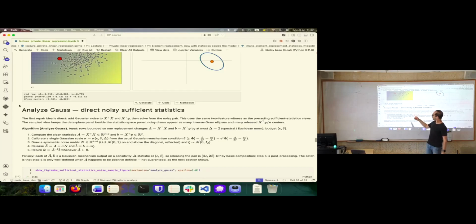Well, here's something I can do. I will sample a bunch of vectors from a Gaussian with 0 mean and covariance X transpose X, look at these points, estimate their empirical covariance, and use that as an approximation for X transpose X. If I can argue that this is a private process, I'm good.